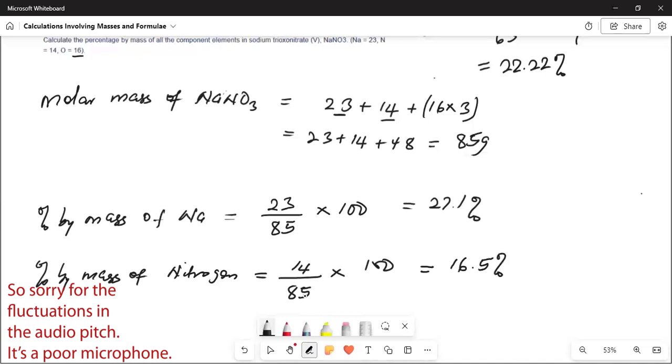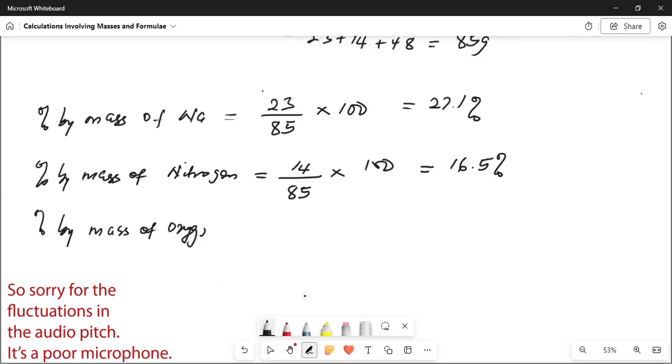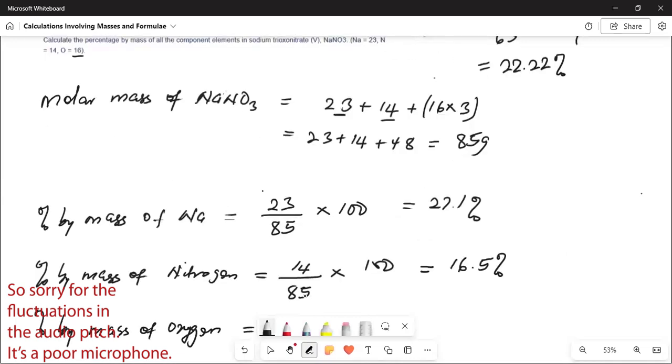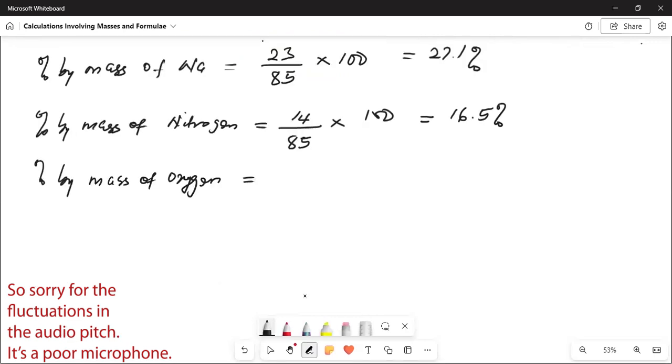Then the last one is oxygen, the percentage by mass of oxygen within this compound. In this case, the mass of oxygen is 48, because there are 3 atoms of oxygen, that's 16 times 3, which is 48. So 48 divided by 85 multiplied by 100. That is that for percentage by mass.